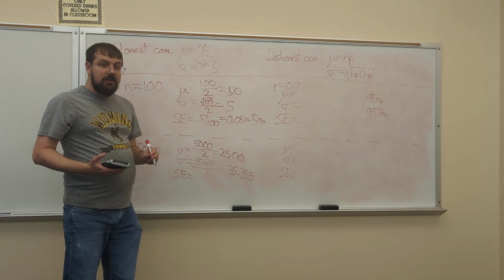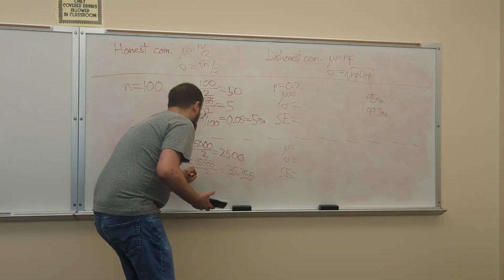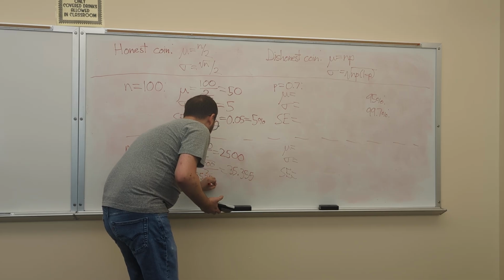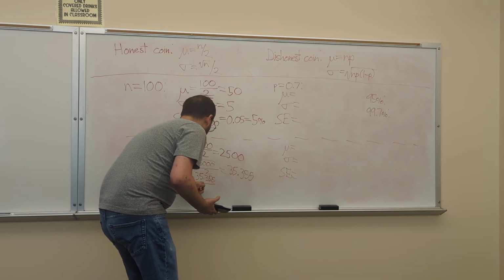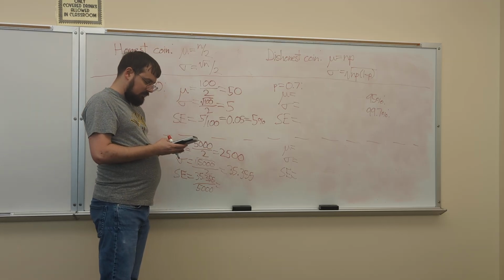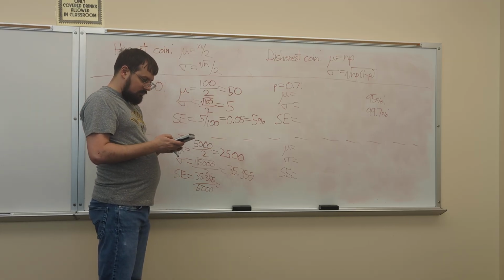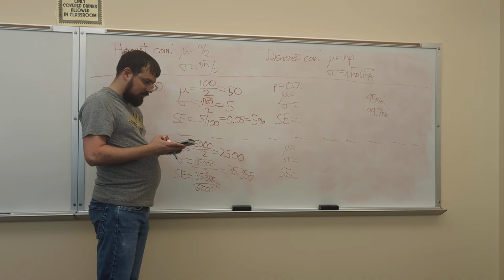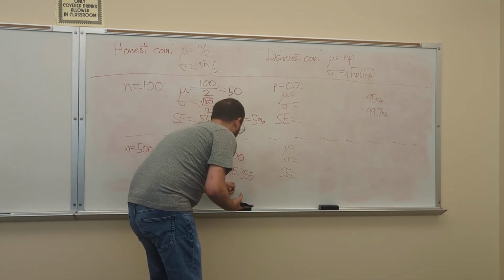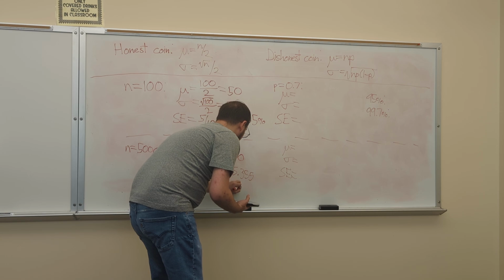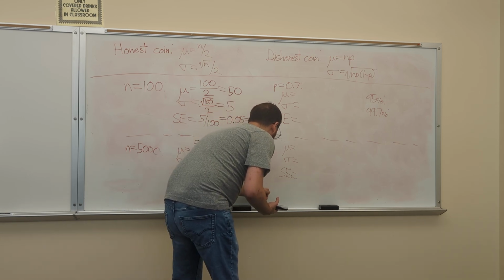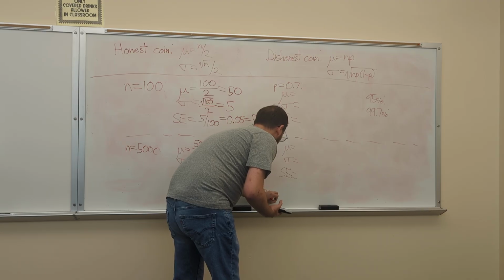So our standard error, once again, is just going to be our standard deviation as a percentage of our sample size, which is 5,000. Which gives us, in decimal form, 0.00707 or 0.707%.